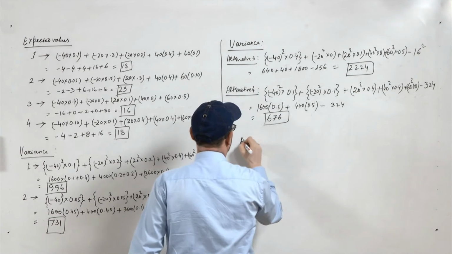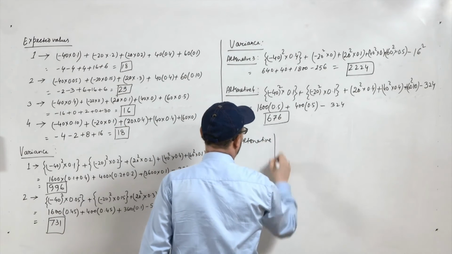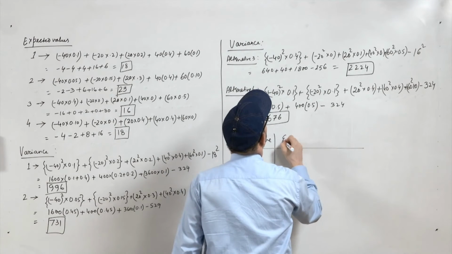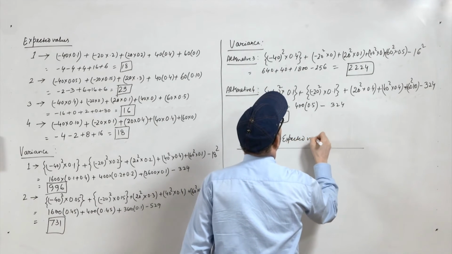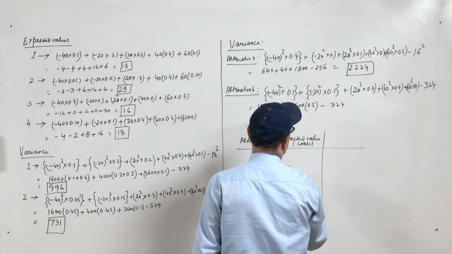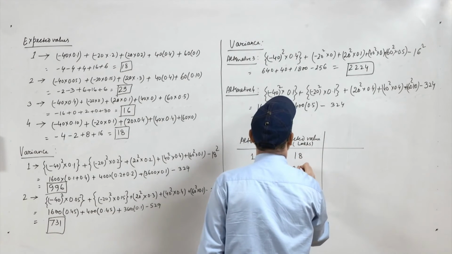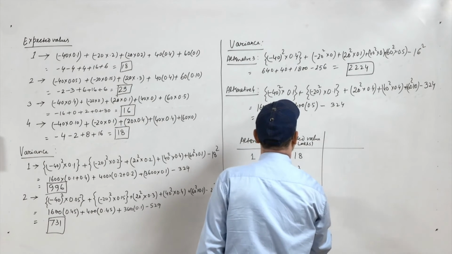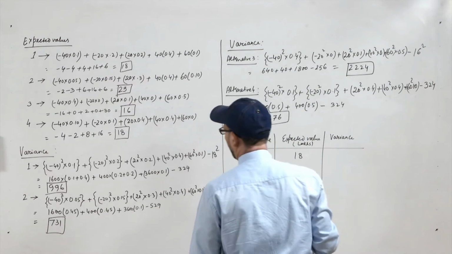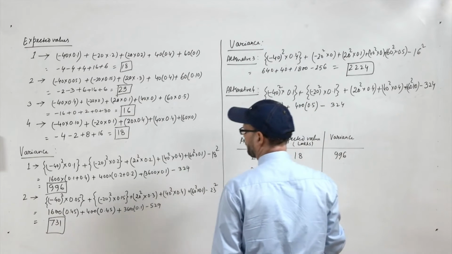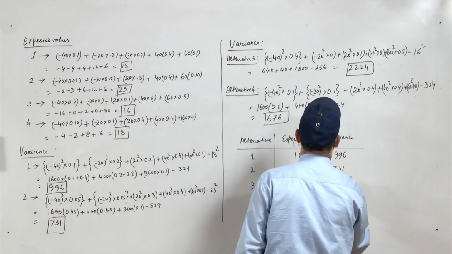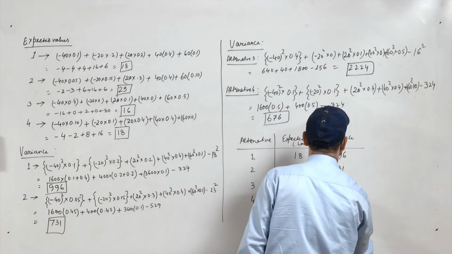So, what we see, alternative 1, 2, 3 and 4, expected value is coming as, in terms of lakhs, 18, 23, 16 and 18, and the variance is coming out to be 996, 731, 2224 and 676.